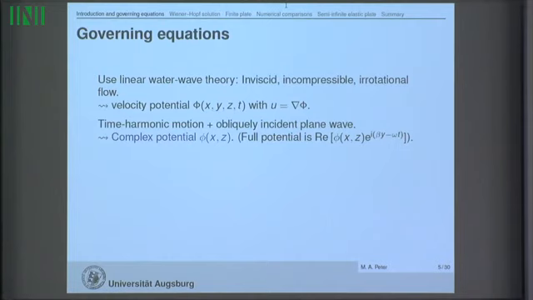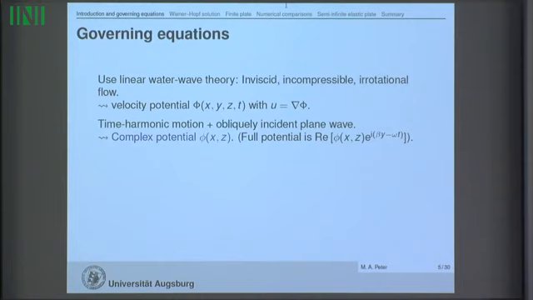So the fluid is inviscid, it's incompressible, and I look at irrotational flow. And then typically what people do is they look at the velocity potential for potential flow, the gradient of which is the velocity. First thing to do is, well, maybe I should write that.